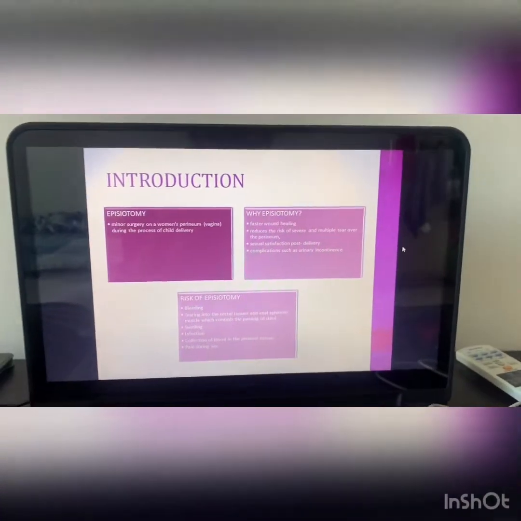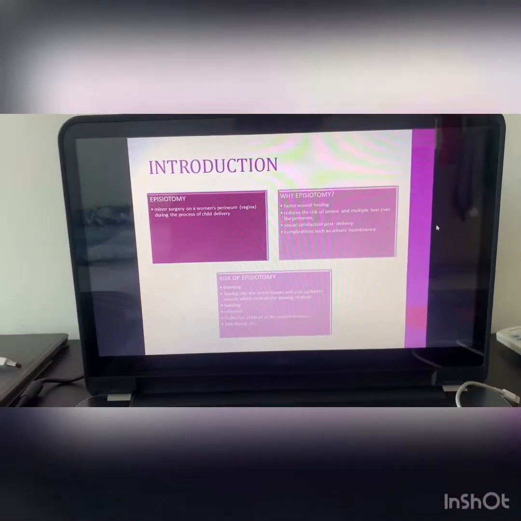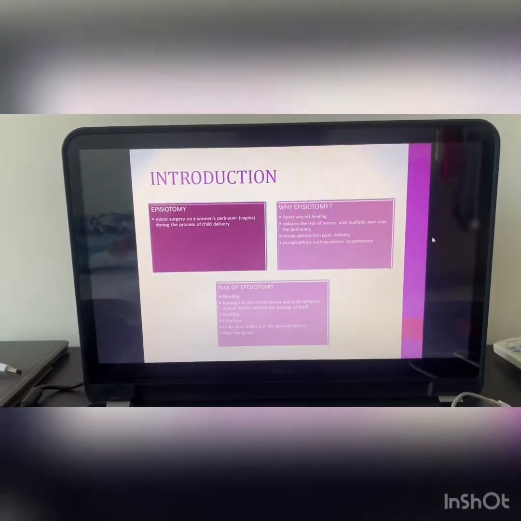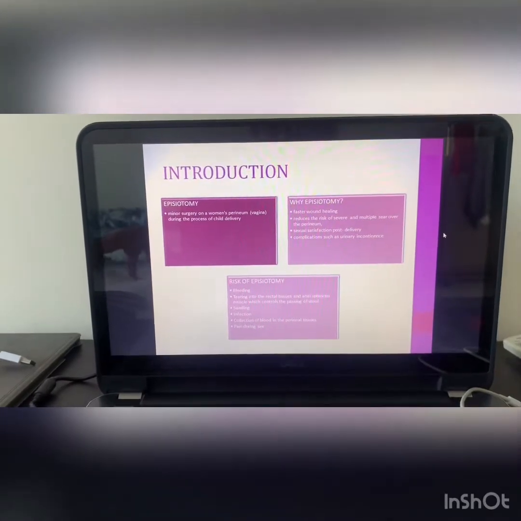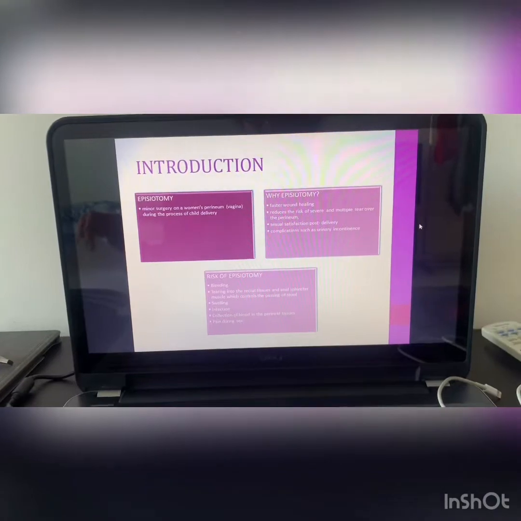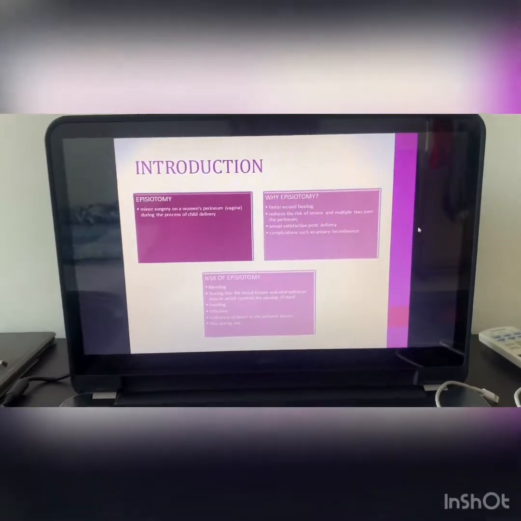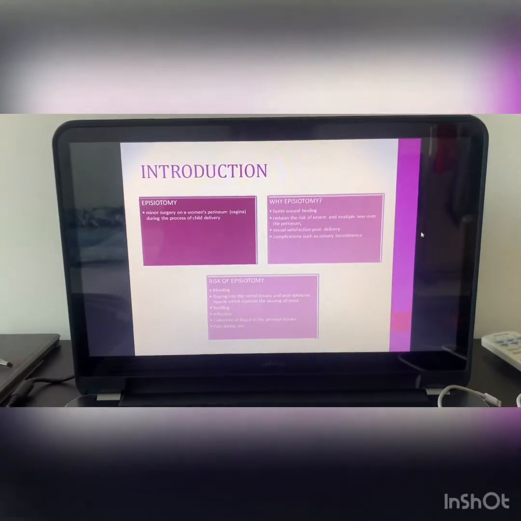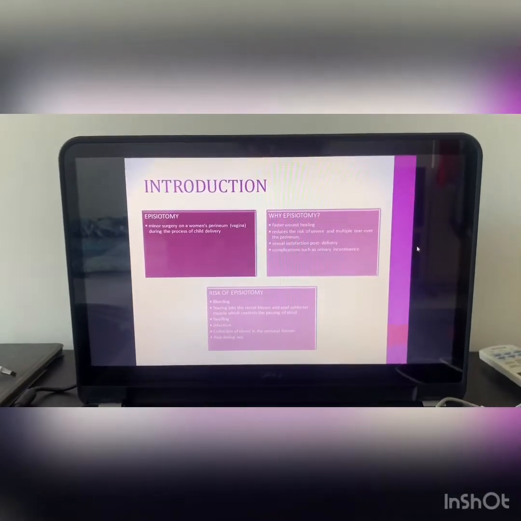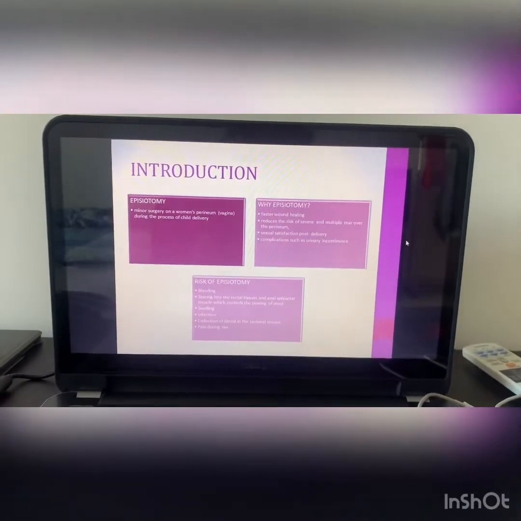So what is episiotomy? Episiotomy is a minor surgery on a woman's perineum, the vagina, during the process of child delivery. Why they do it is because as the baby is delivering, there will be a cut, and some tearing will happen.